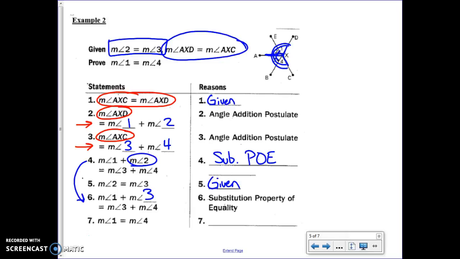So our last reason is the subtraction property of equality. That's how we got from statement 6 to statement 7. We subtracted the measure of angle 3. We are going to get to practice a whole lot of these in class. So no worries, you'll get very good at mixing these up, putting them in order, those kinds of things.